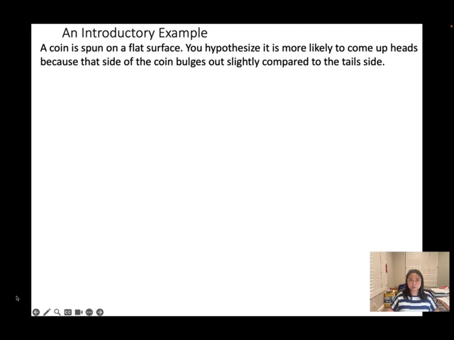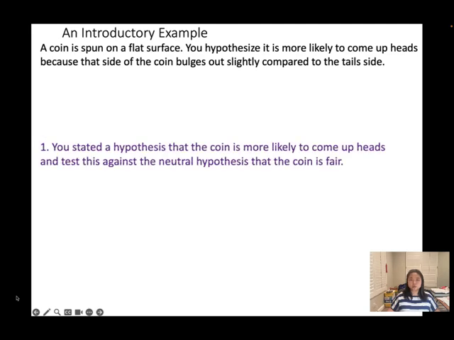A coin is spun on a flat surface. You hypothesize it is more likely to come up heads because that side of the coin bulges out slightly compared to the tail side. So this is the first one. We're going to state the hypothesis.